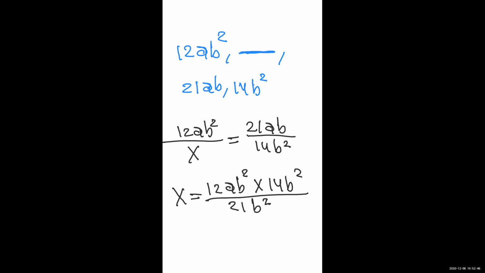So now I can simplify. I can simplify b squared with b squared, and then 21 and 14 divided by 7, so 2 and 3, and then 12 divided by 3 means 4. So it will equal 4 times 2, which is 8ab squared, right?